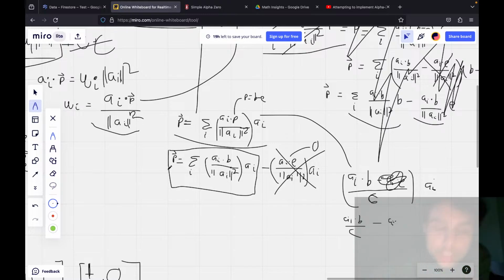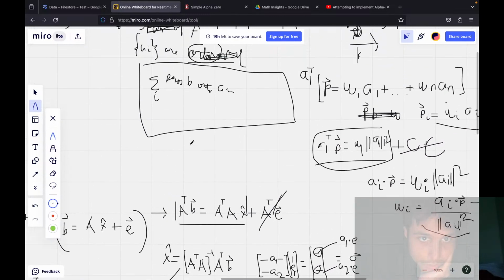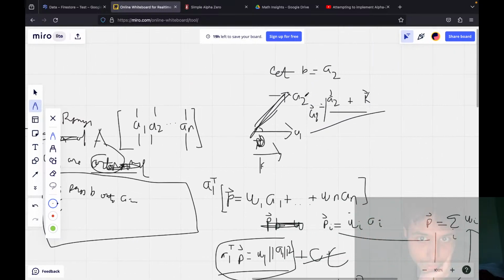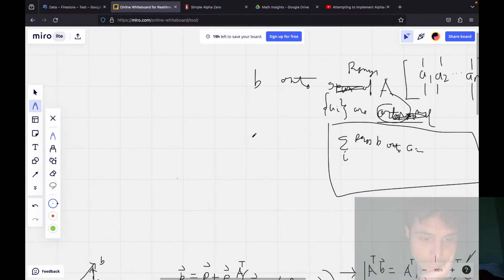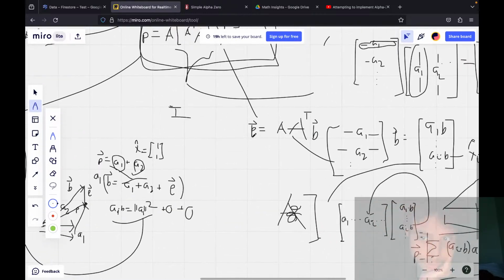So what this is saying is, in the case that all the AI are orthogonal to each other, P is the projection of some vector B onto the span of AI. Let's go back to this image. I'll just draw it out again.